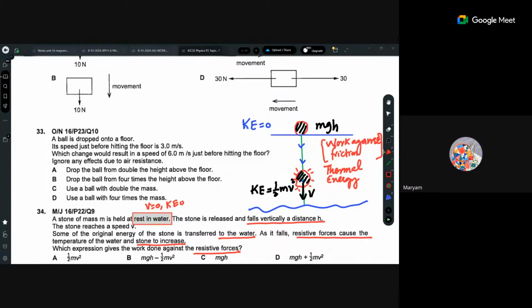So if I keep this concept here: loss in GPE equals gain in KE plus work done against friction.